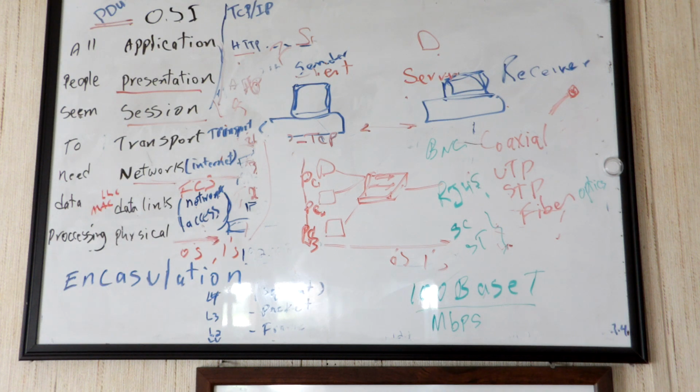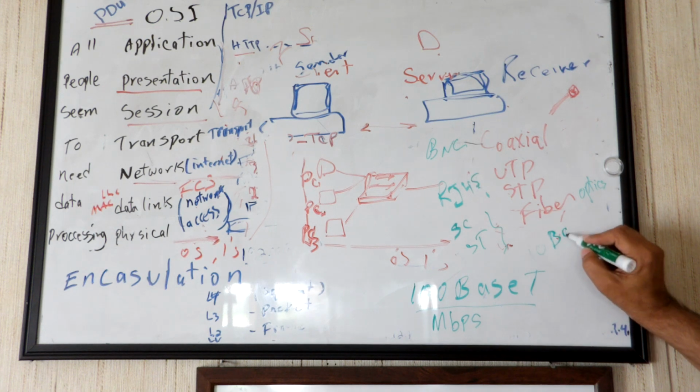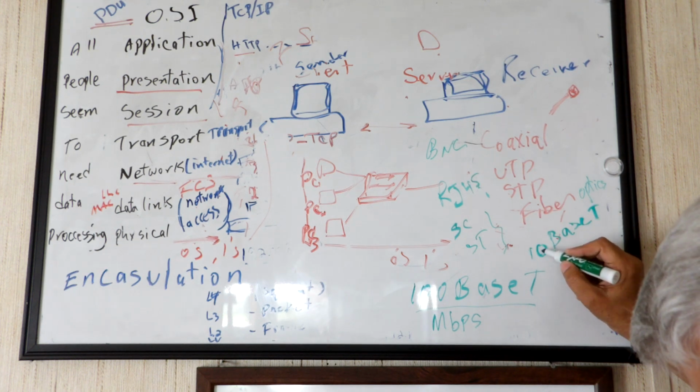10 Base T does not have that speed. So 10 Base T is for UTP.